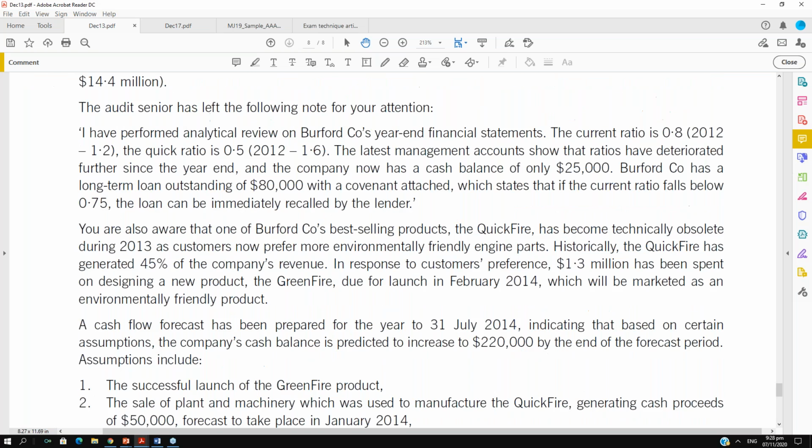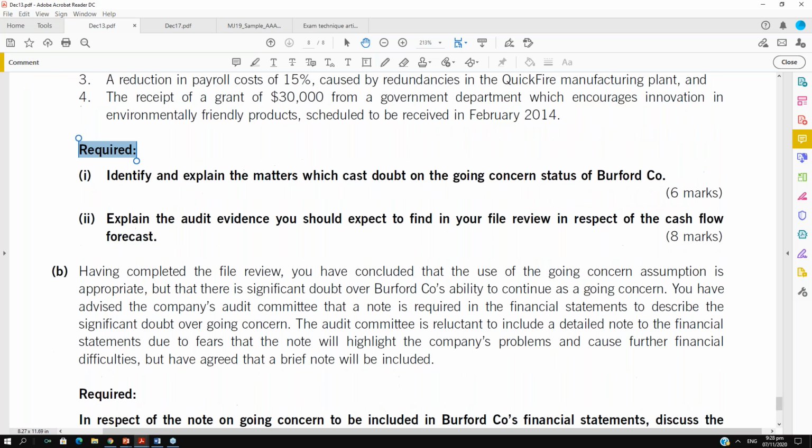Let's look at the requirements. Can you just read this first requirement for 6 marks? We are only doing the requirements on reporting, not any other requirements, so I'll be ignoring some of the requirements which are not on reporting. Can you just read this requirement quickly in front of your screen? See what the examiner is asking for.